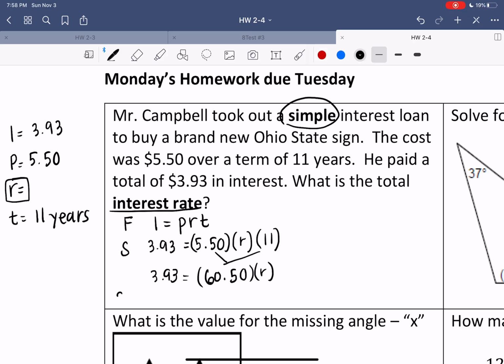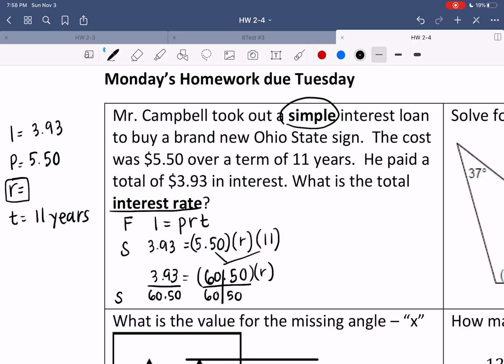So then when we solve, our last step will be to divide, because we need to get the R by itself, because that's what we're solving for. We're going to take the $60.50 and divide both sides by that. And 60.50 divided by 60.50 will be 1.